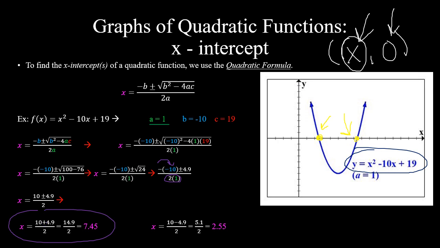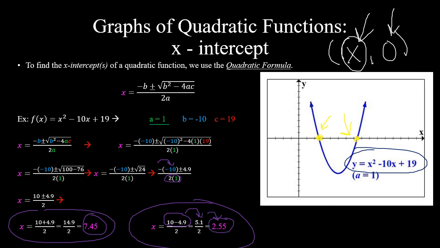10 plus 4.9 is 14.9 divided by 2 gives me 7.45. So there's one of those x values, one of those x values that we were looking for up here. Now I need to do x equals 10 minus 4.9 divided by 2. So 10 minus 4.9 is 5.1. 5.1 divided by 2 is 2.55.